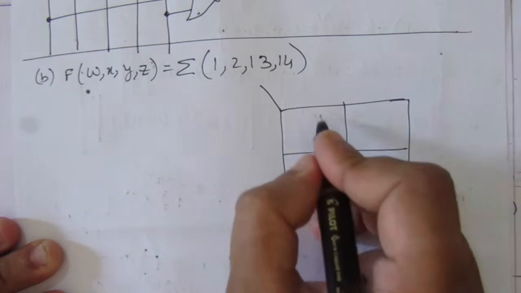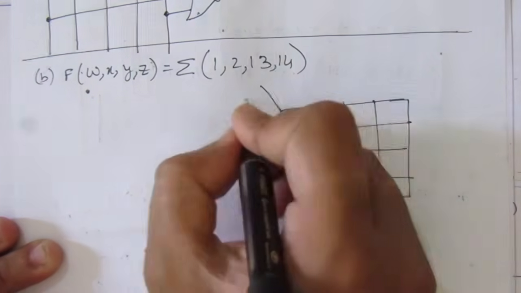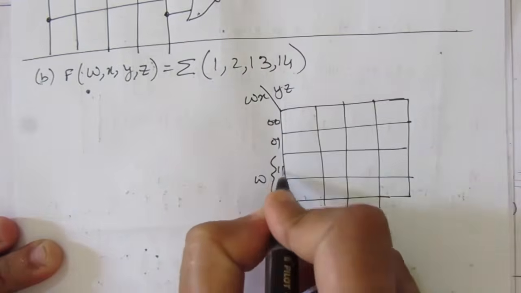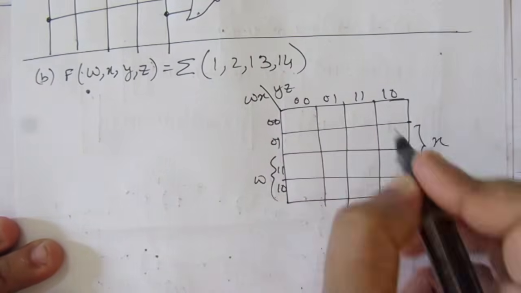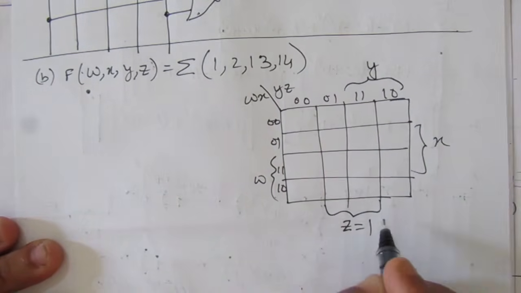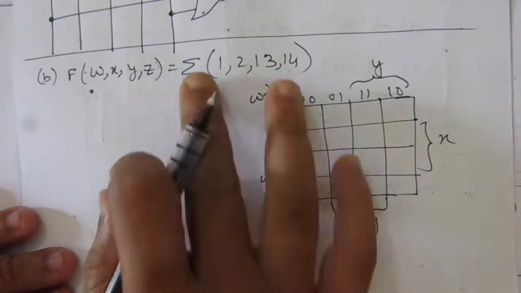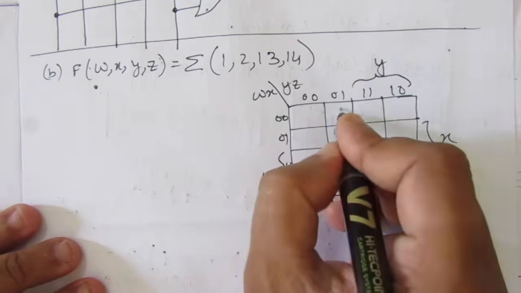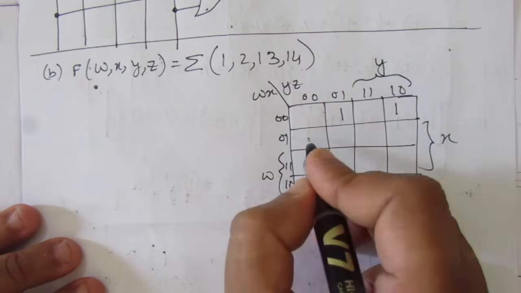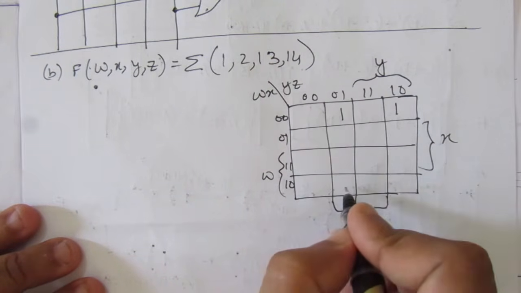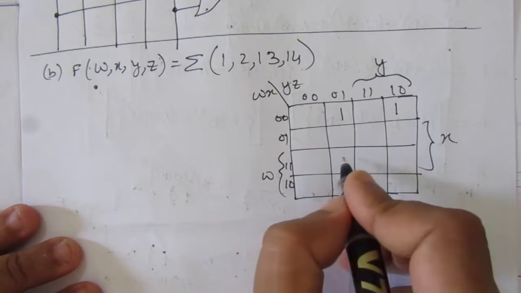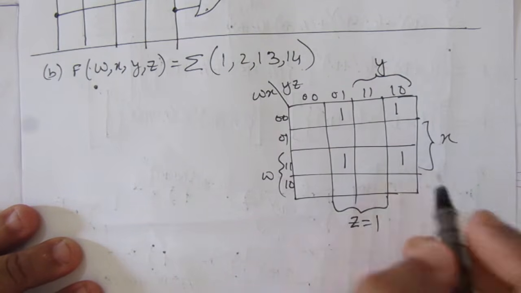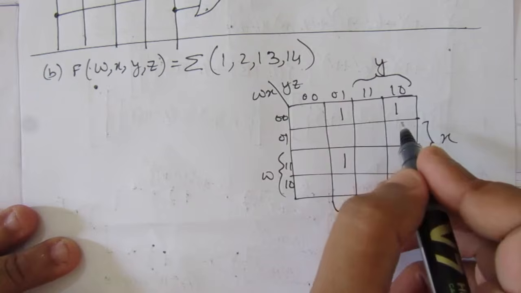Now we put these minterm values: 0, 1, 2, 3, 4, 5, 6, 7, 8, 9, 10, 11, 12, 13, 14, 15. That means we are given these ones.